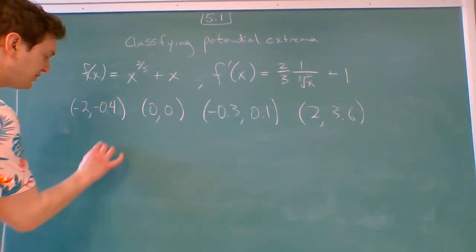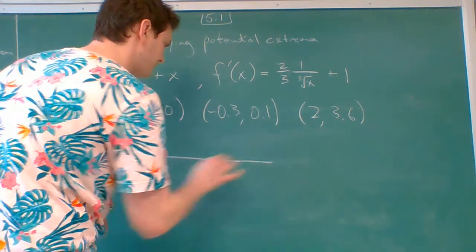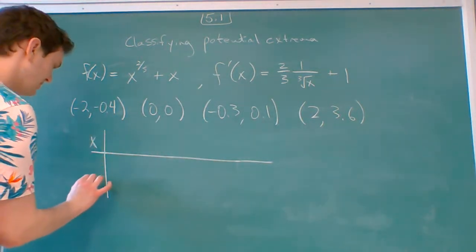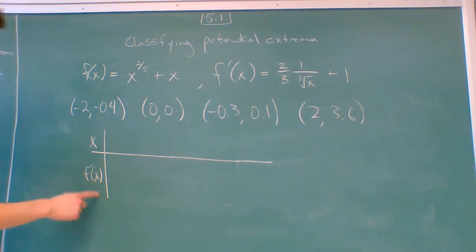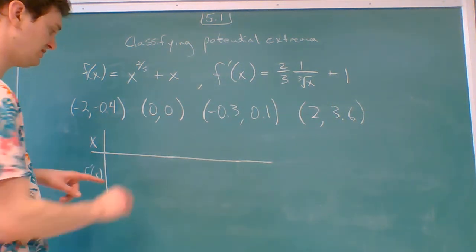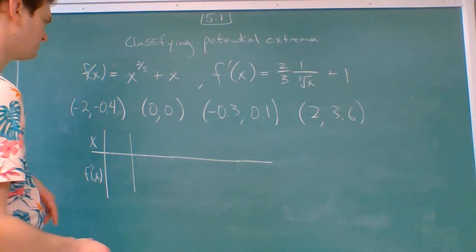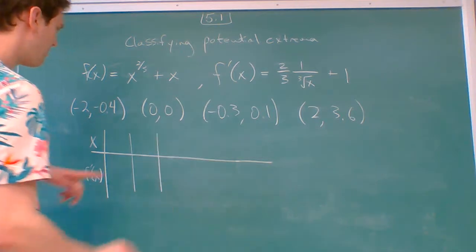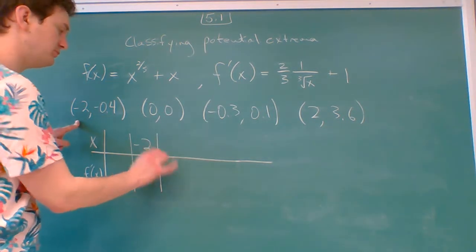Okay, so a good strategy here: make a table. Let's say x and not f of x, but f prime of x. So in here, I'm going to be writing the sign of the derivative. How many of these am I going to need? My lowest x value is -2.